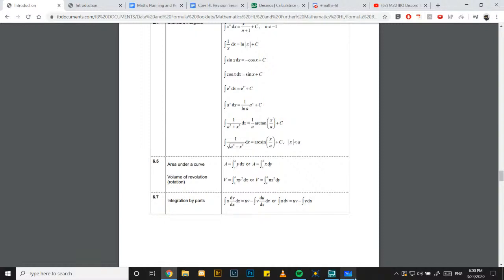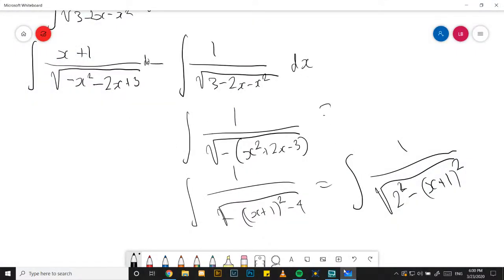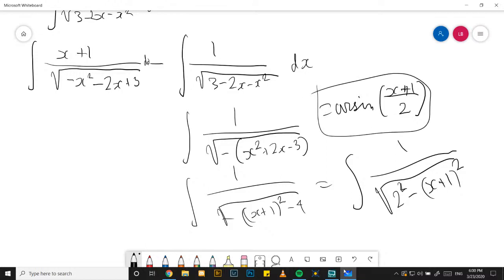Wait a second. I think it works out exactly the same way. Yeah, this is equal to arc sine of (x plus 1) over 2. I don't have to worry about the x plus 1 because its derivative is just equal to 1, so it doesn't really affect much. So that's equal to arc sine of (x plus 1) over 2.